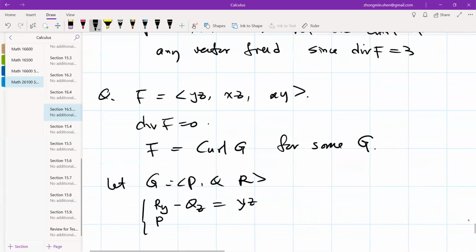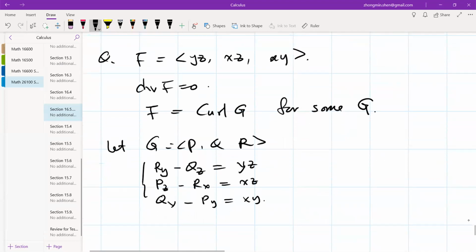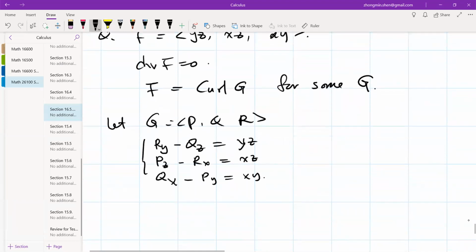Then the second equation, P_Z - R_X, should be equal to XZ. And Q_X - P_Y is going to be XY. And these are partial differential equations. They're much harder to solve. Maybe you're lucky and you can figure it out, but those are not easy questions to answer.